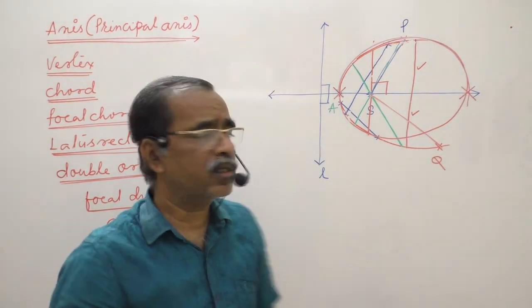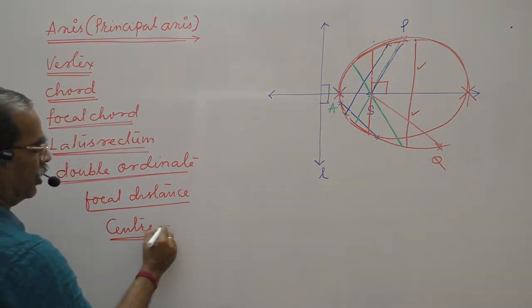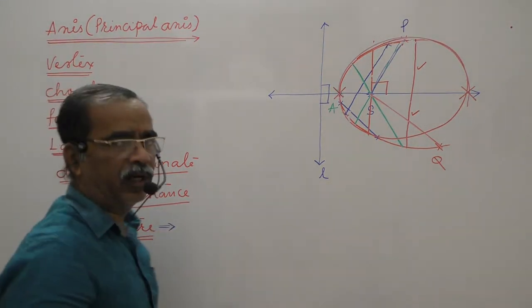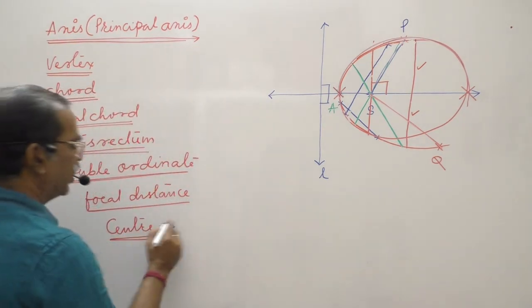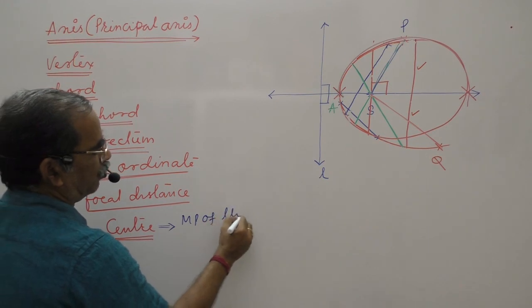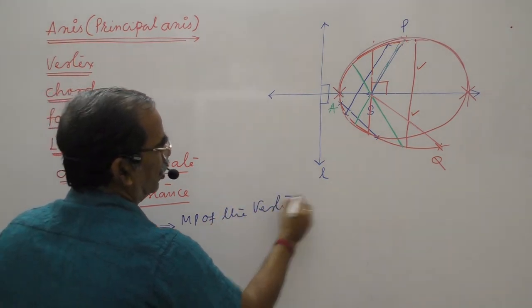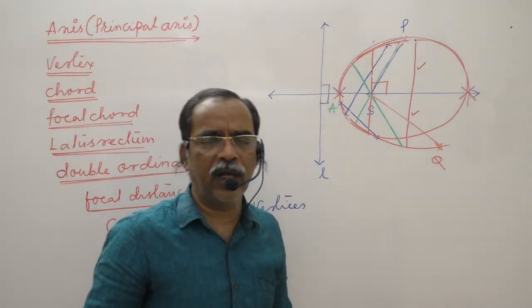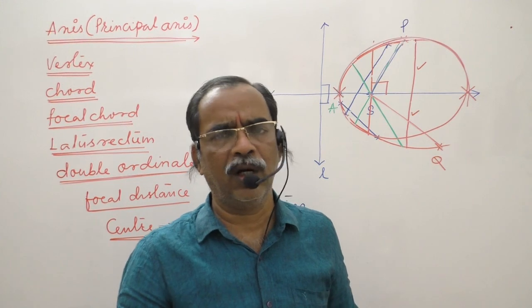In this case, what is center? Center will be defined for conics having 2 vertices. So center is the midpoint of the vertices. If there are 2 vertices, then their midpoint will be defined as the center of the conic.